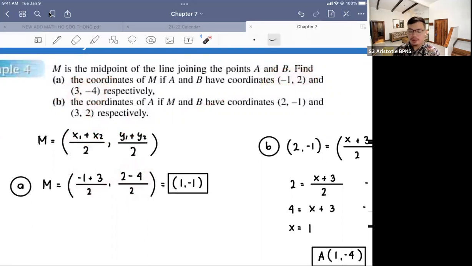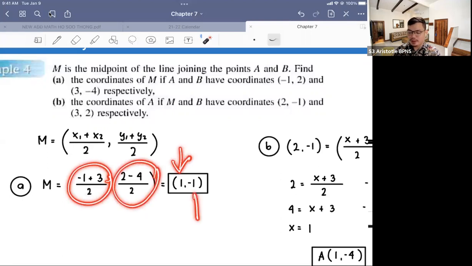Why do you think we are dividing them by 2? It's because it's the midpoint. It's the middle. That means it will divide the line in half. That's why it's 2. So therefore, simplifying this, the x coordinate for your midpoint is 1. And then simplifying this, your y coordinate is -1.